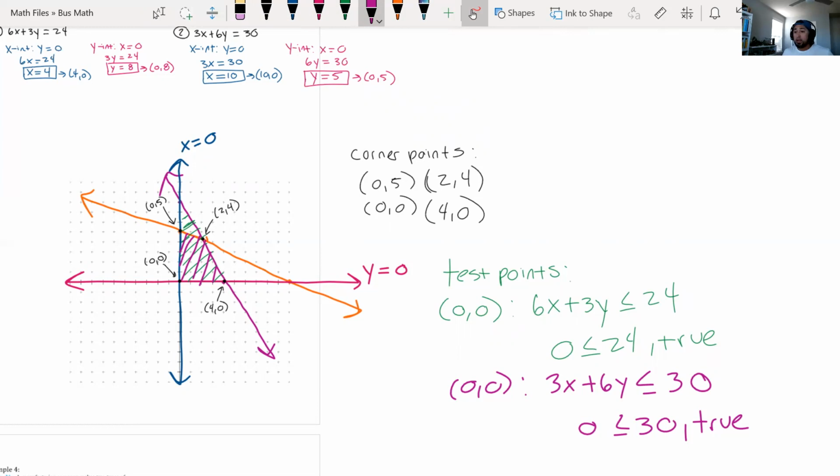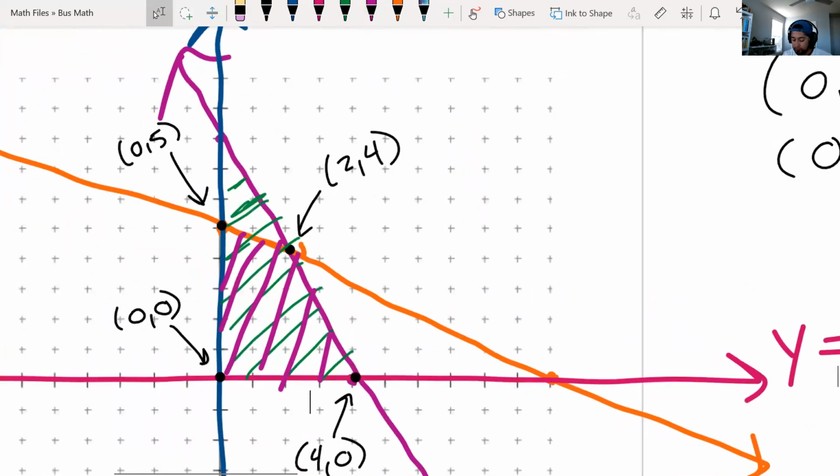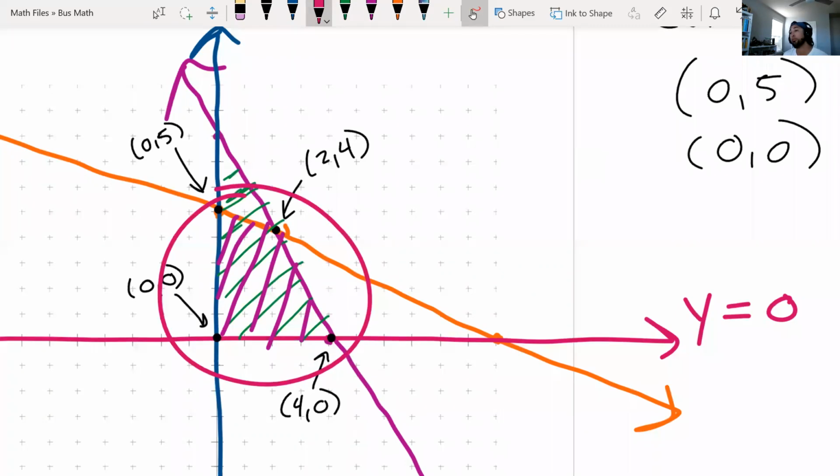And so once again, I don't need the corner points of the outer sections where they intersect, because right here is the feasible region. So this, I can draw a circle around, and this would be my feasible region or solution region that is bounded. Just the purple area, right? Purple and the green, where they intersect.